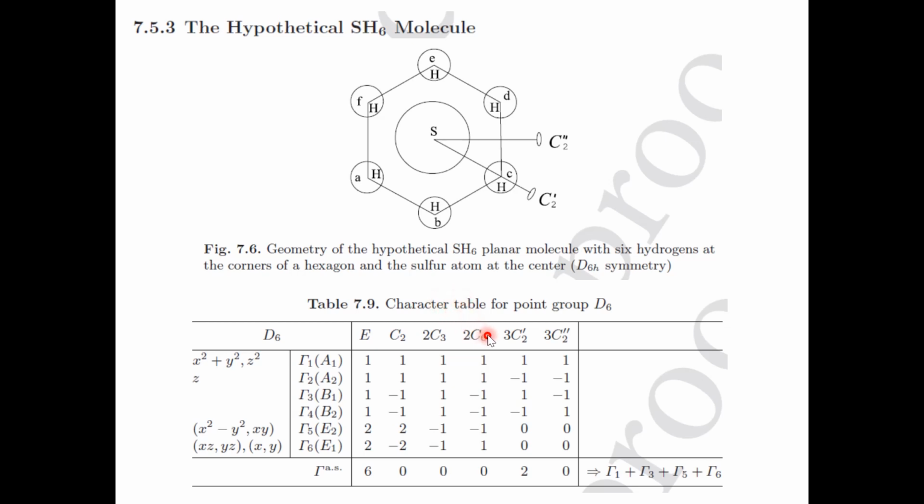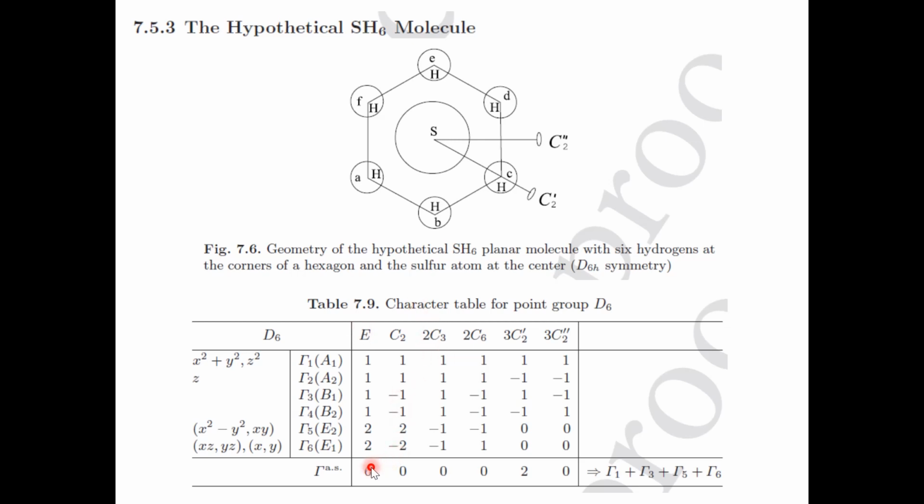These are the symmetry operations I have: C2, C3, C6, 2 rotations of 2 pi over 6, and 2 horizontal axes, C prime and C double prime.